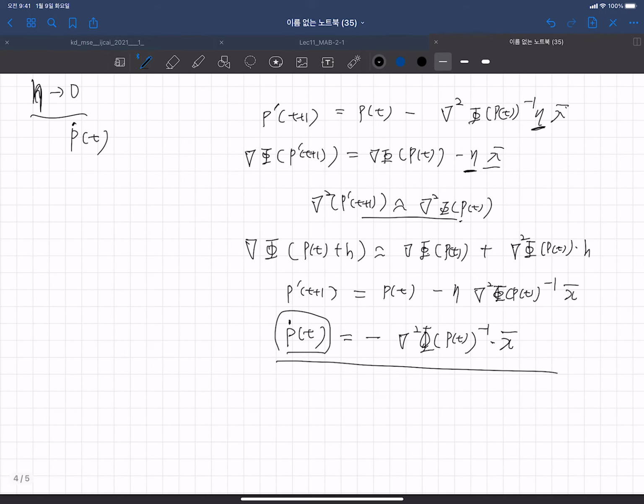So when we have a very high variance update, this inverse Hessian, this new Bregman divergence point of view, helps us to stabilize our update rule, especially for the boundary case.